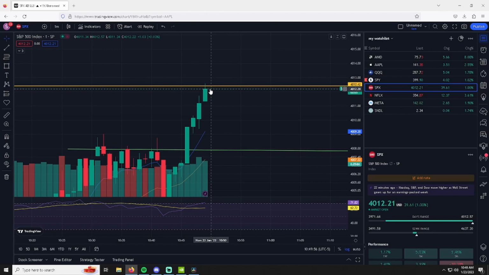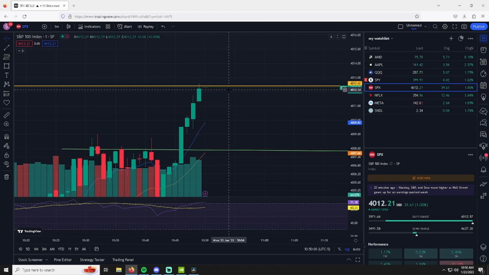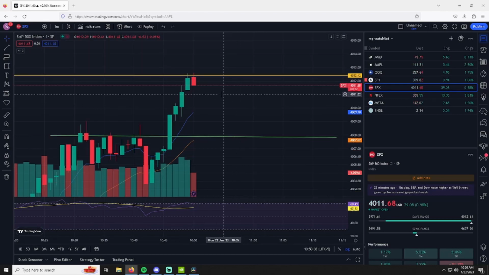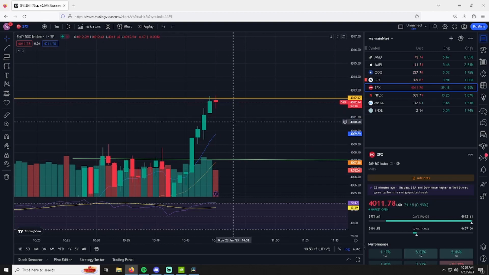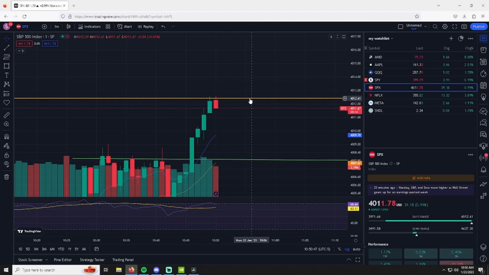I'm going to be entering puts right here. If we see a push up more, we'll see how it moves. It shows a little bit of indecisiveness, but is still moving in my direction. I'm going to sell it right at the top of this wick if anything happens, but it's still going well.